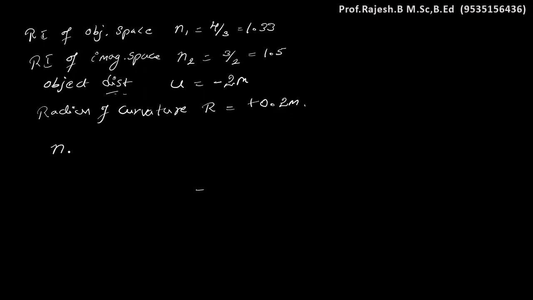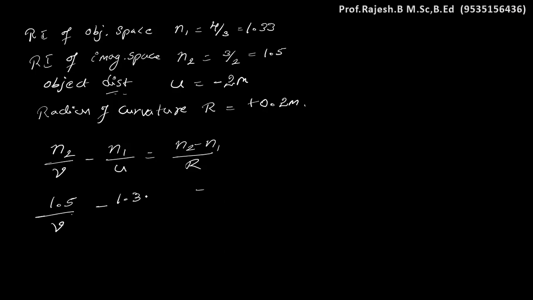We use the formula n2 by v minus n1 by u equals (n2 minus n1) divided by r. Substituting: 1.5 divided by v, which we don't know, minus 1.33 divided by minus 2, equals (1.5 minus 1.33) divided by the radius of curvature 0.2.